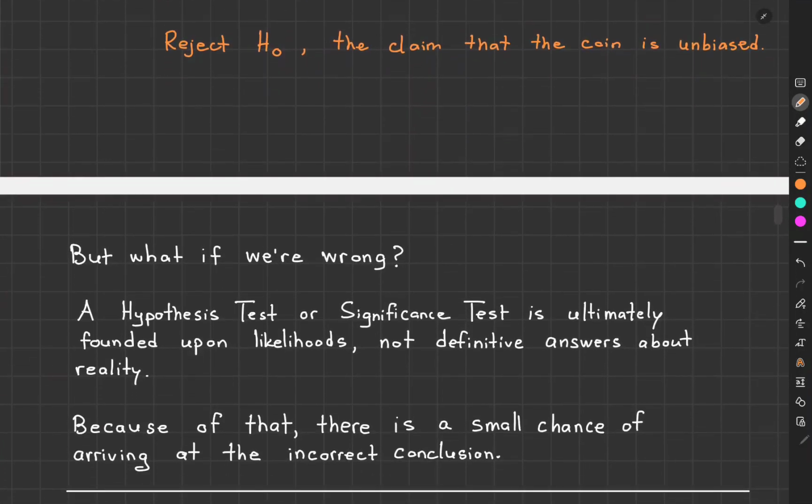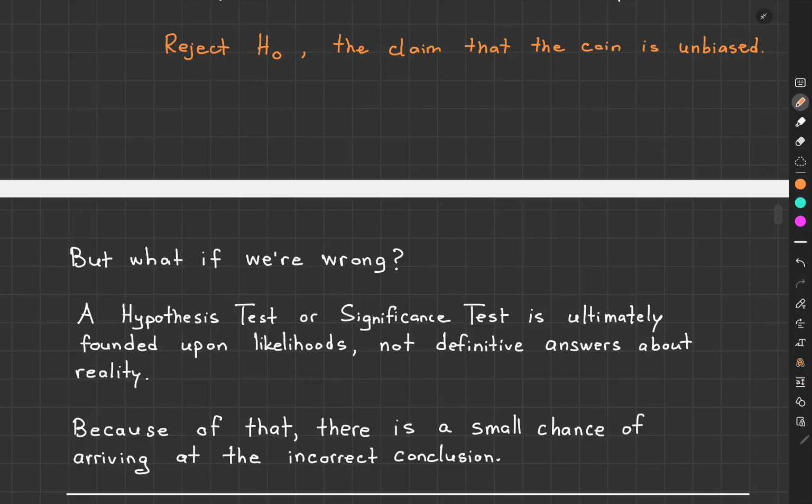Now, there's also the chance that we're simply wrong, right? All we did was calculate a probability and say that, well, we think this is too unlikely. But even if it's unlikely, it doesn't mean that's impossible, right? It's not impossible that the coin came up as tails every single one of the last 7 times, right?